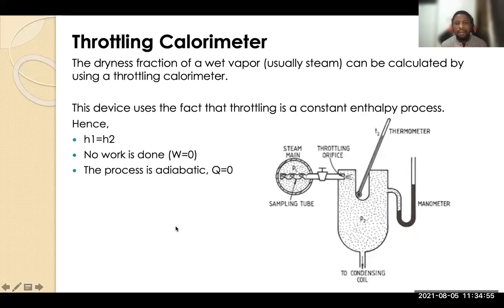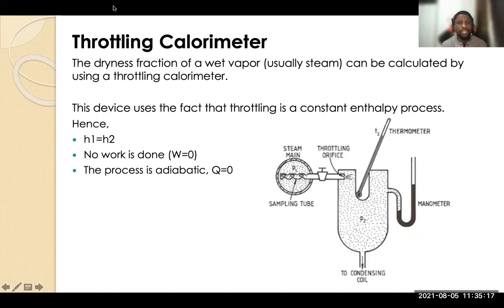Can someone also remind me, this is not the first time you'll be hearing calorimeter in this subject. What other type of calorimeter have we talked about before? Today you are going to be looking at 3 types of calorimeters again.